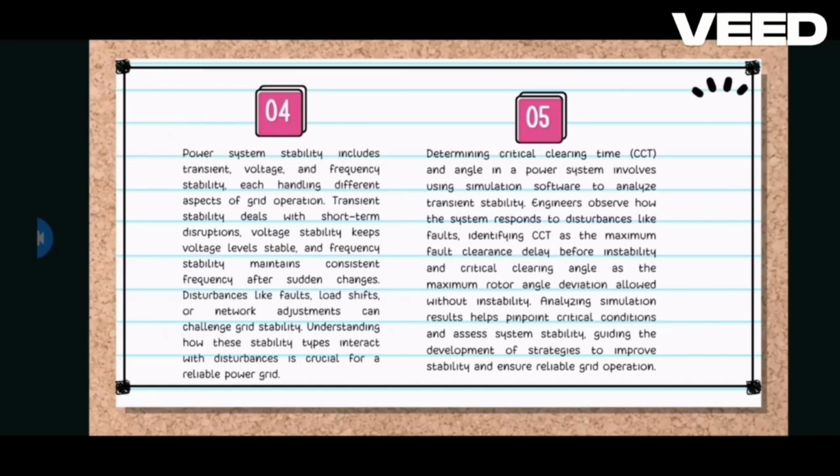Analyzing these simulation results helps pinpoint the critical condition and assess system stability, guiding the development of strategies to improve stability and ensure reliable grid operation.